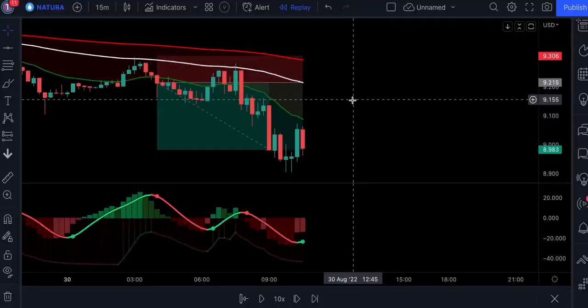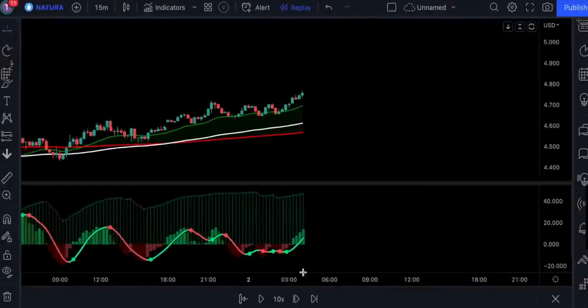Okay traders, now you know the rules for the strategy. Let's do our backtesting with the goal to find the real numbers behind it.